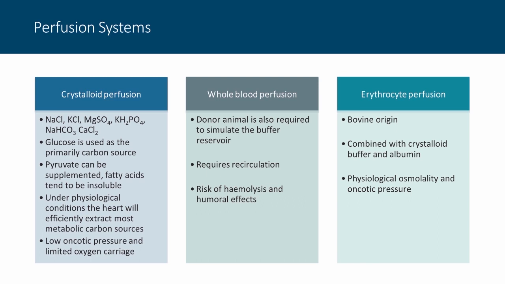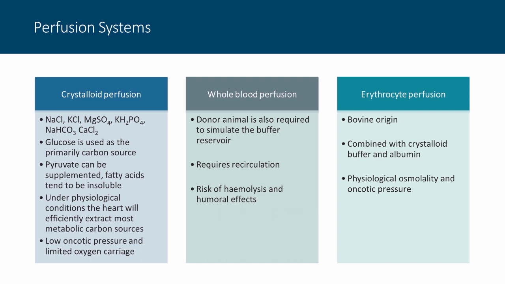However, there is a significant risk of hemolysis or blood cell breakdown, and the humoral effects of the donor animal can have an influence on the ex vivo heart. Conversely, when we consider that the perfusate coming back from the ex vivo heart may contain contaminants, this can have an influence on the donor animal. And these are considerations that need to be addressed as factors in developing experimental protocols.